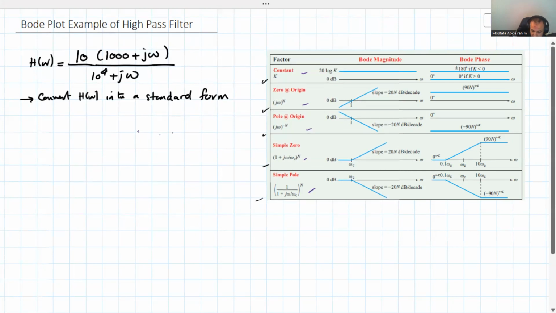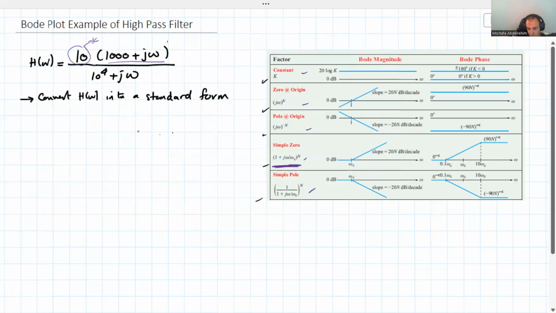So in that case here, it looks like this 10 will be like k, right? But we are not sure yet. This guy is similar to that guy, but that one is 1 plus j omega over omega c, to the power of n, and n here is 1, so that's okay.